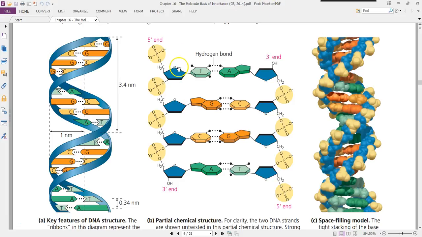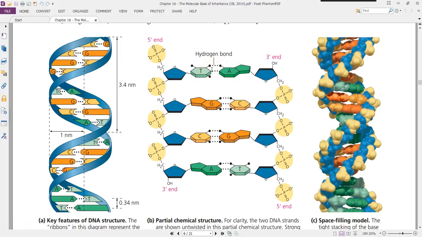So DNA is made up of two strands of nucleotides, and this is what forms the double helix. A nucleotide is a phosphate group bonded to a sugar, which is bonded to a base, a nitrogenous base. The rungs of the double helix are what we call base pairs, and each of those base pairs contains two bases hydrogen bonded to each other.